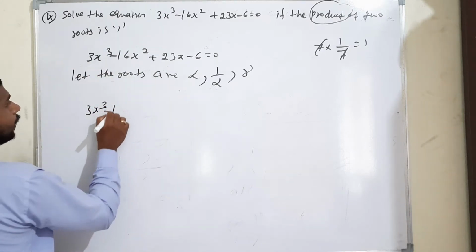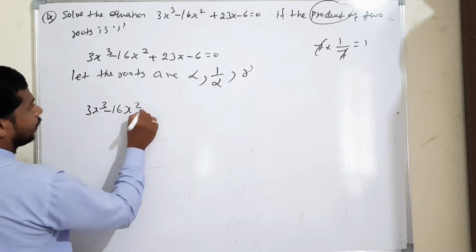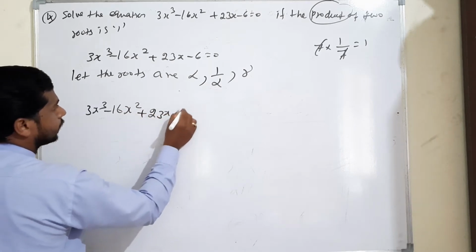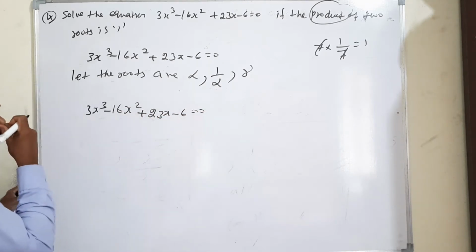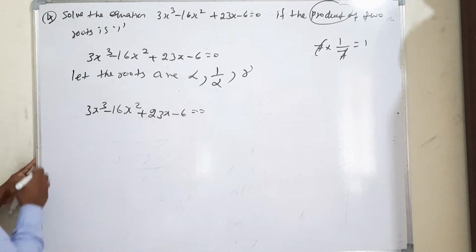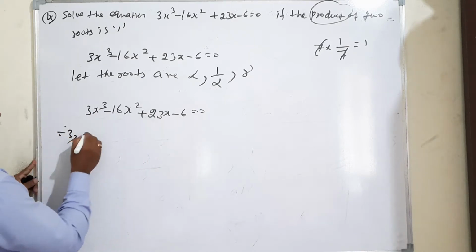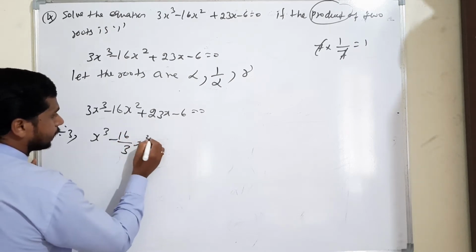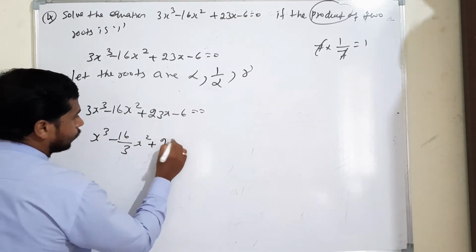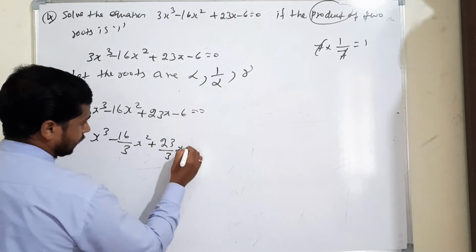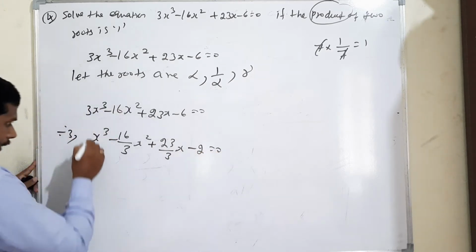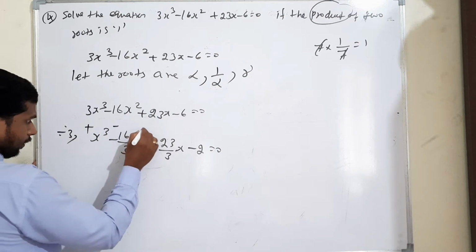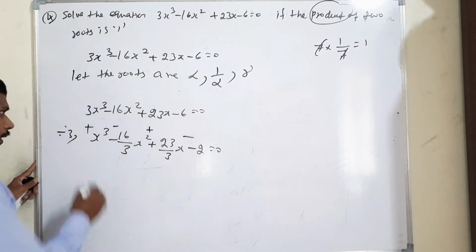Now the given equation is 3x cube minus 16x square plus 23x minus 6 is equal to 0. To convert it to a monic polynomial, divide by 3: x cube minus 16 by 3 x square plus 23 by 3 x minus 2, with signs plus, minus, plus, minus.